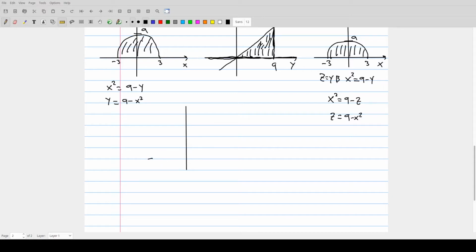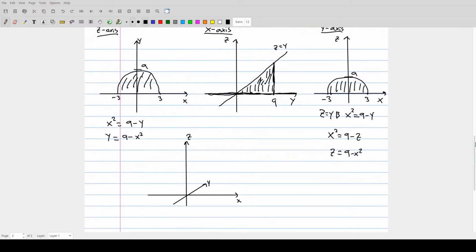In 3D, this surface is going to look like the following. We'll call this the x-axis, this the y-axis, and this the z-axis. If we look directly along the z-axis, we're going to see this shape right here.